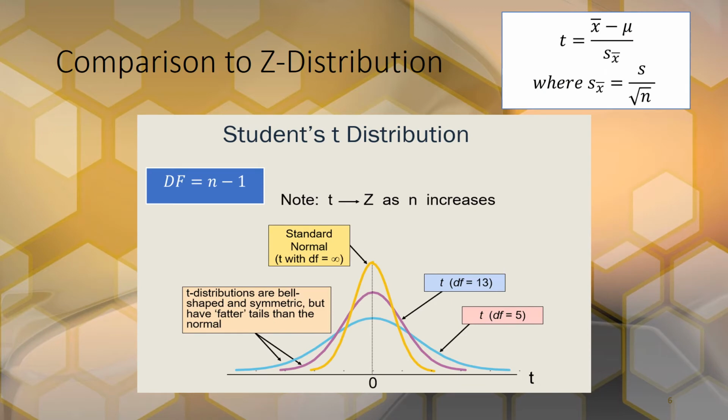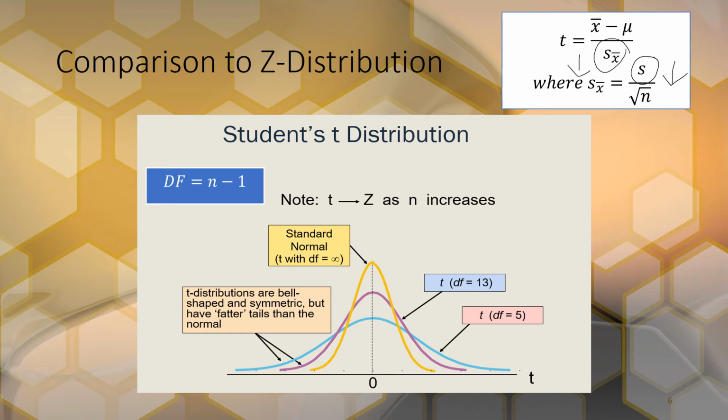So at the top right here, we have the t formula, and it looks almost like the z formula besides the bottom, where we're going to use this new formula for the standard error, which uses the sample standard deviation instead of the population standard deviation. And remember from the last slide that the sample standard deviation will tend to underestimate the population standard deviation. So if that is smaller, then it's going to make the standard error smaller too.